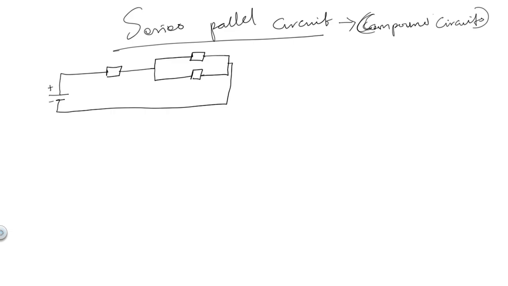All right, let's have this. Let's say this is R3, this is then R1, and this is R2. And let's say R1 is equal to 10 ohms and R2 is equal to 10 ohms as well, and R3 is equal to 10 ohms as well.